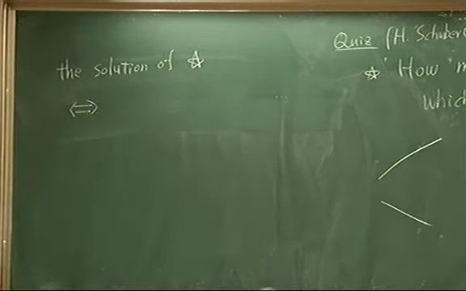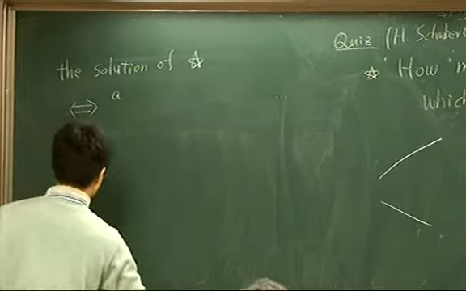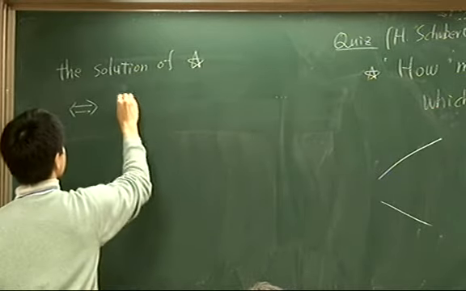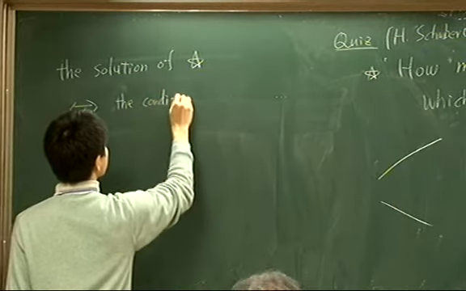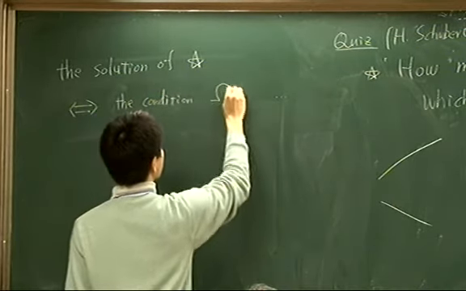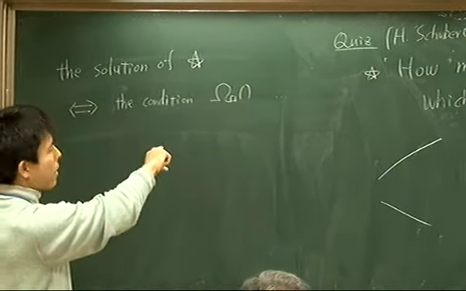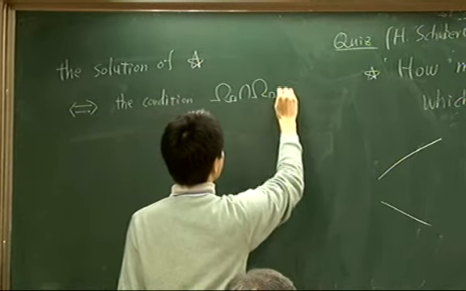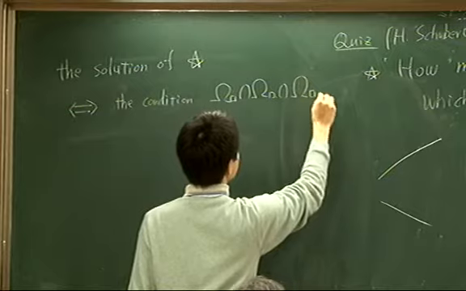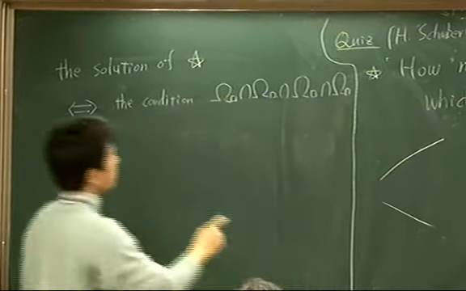The first problem can be considered as the condition: intersecting a given line, and a given line, and a given line, and a given line.